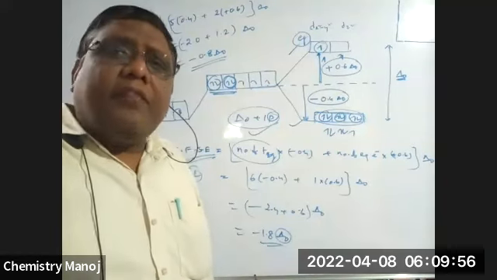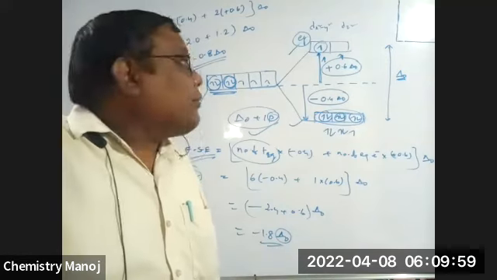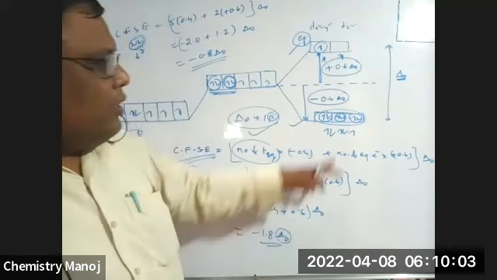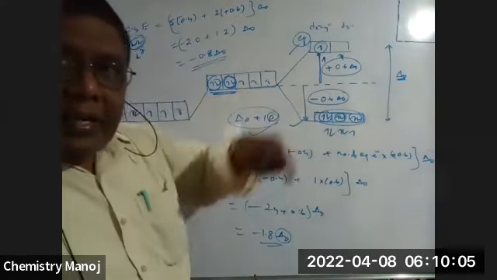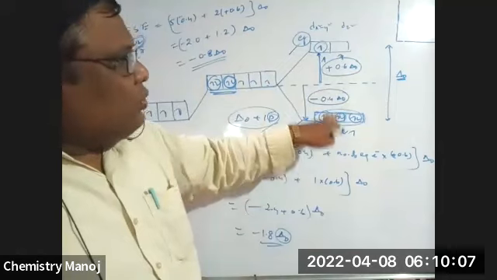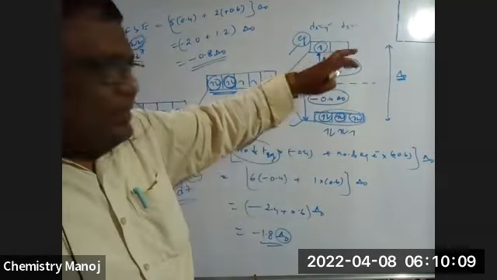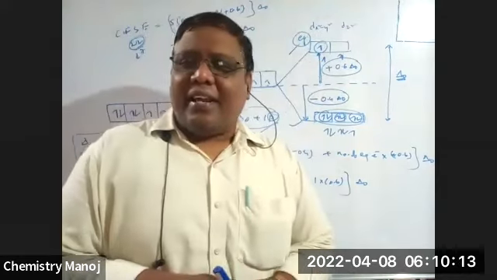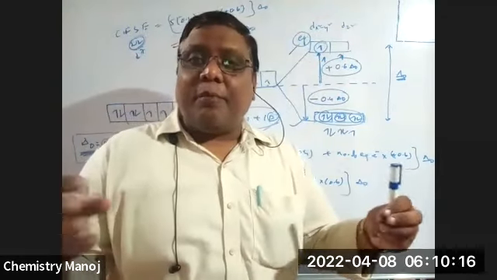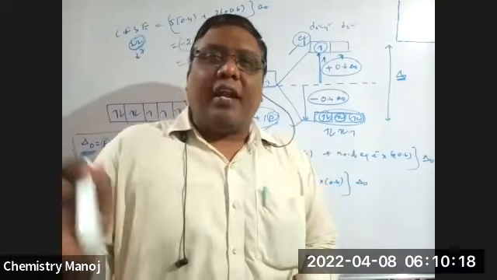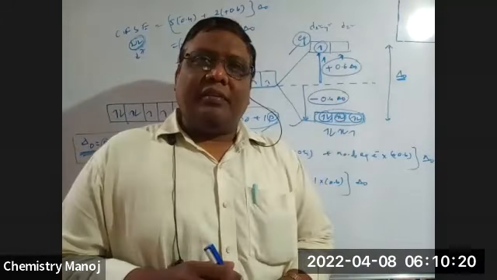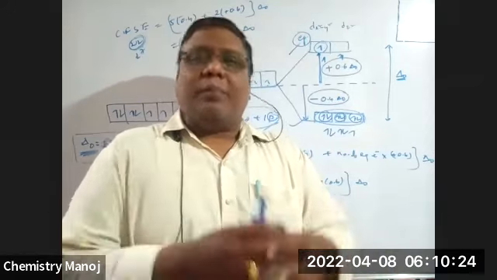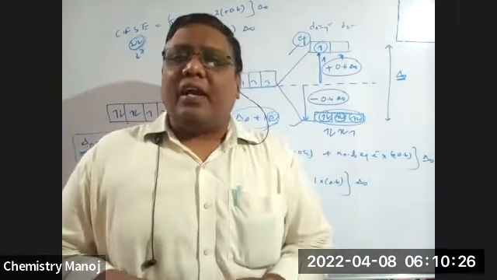If tetrahedral complexes are there, what I am writing now is for octahedral: 3 orbitals, 2 orbitals. In tetrahedral it is 2 and 3, just inverted, because in the tetrahedral case the ligands approach between the axes, not along the axes. Orbitals between the axes experience more repulsion than those along the axes.